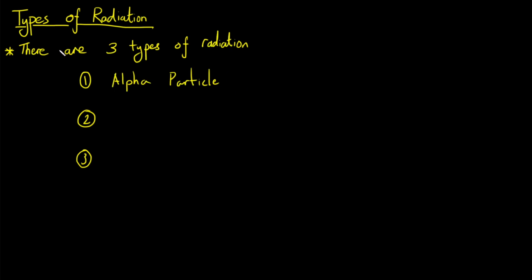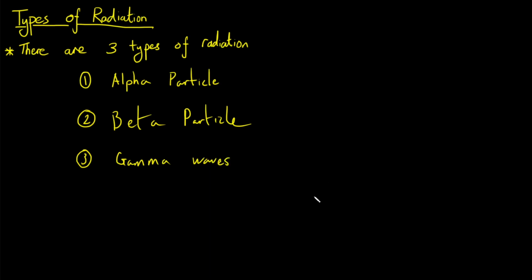There's lots more than just 3 types of radiation, but when we're dealing with it in National 5, instead of having to say radioactive decay, we're just going to shorten it to say radiation, and there's only 3 different types of chemical radiation that we are interested in: alpha particle, then beta particle, and finally gamma wave radiation.